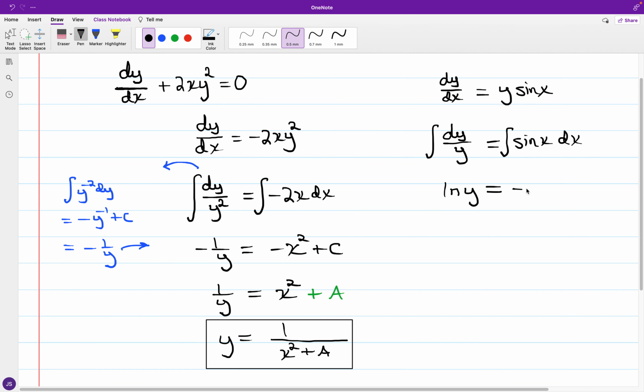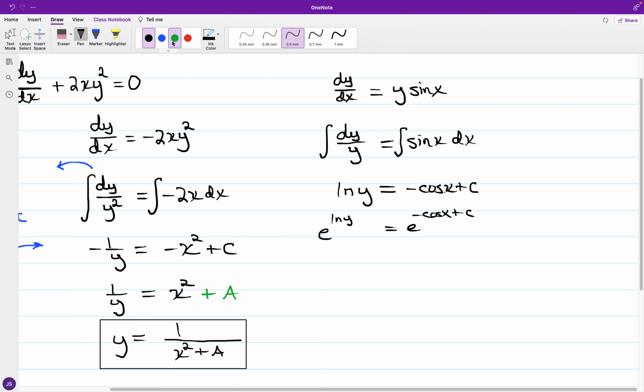is equal to the negative of the cosine of x followed by the constant, and taking care of the natural logarithmic notation. So we can say we have e to the natural logarithm of y is equal to e to the negative cosine of x plus c, and I can just expand upon this.